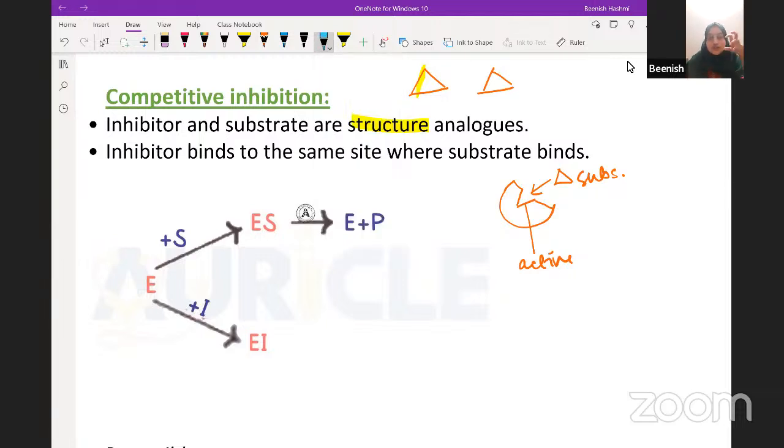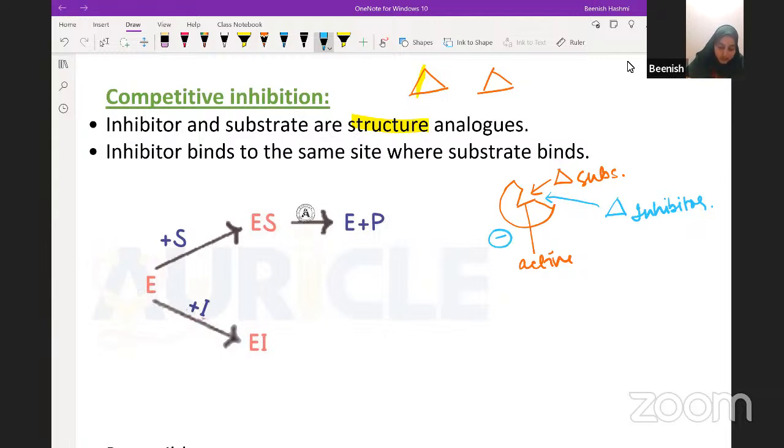There is a structural analog, but it is not the substrate. It is an inhibitor, but it looks like the substrate. It is structurally similar to the substrate, so it is going to compete for the same site on the enzyme as the substrate. So if this inhibitor comes and binds, what will happen? This enzyme will be inactivated, inhibited.